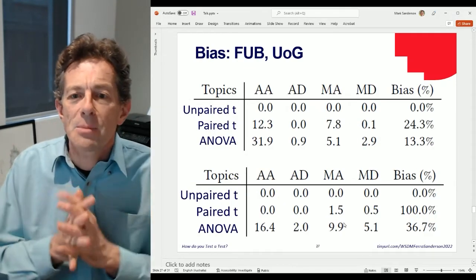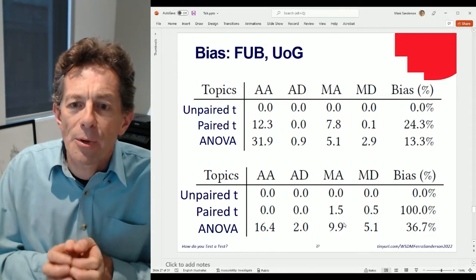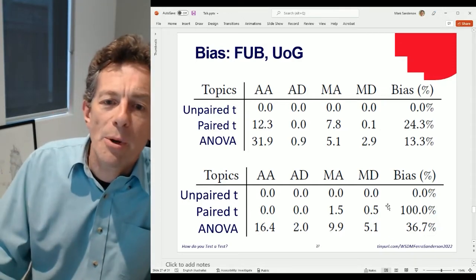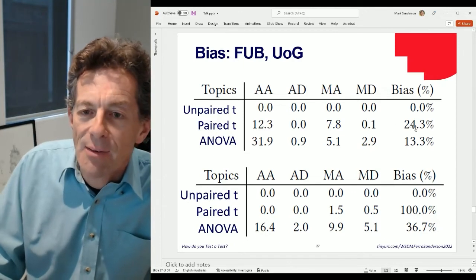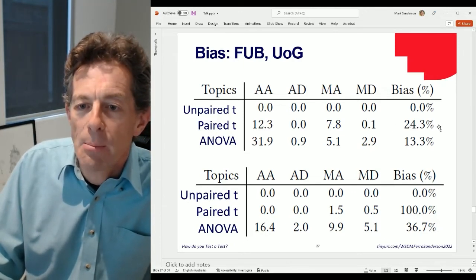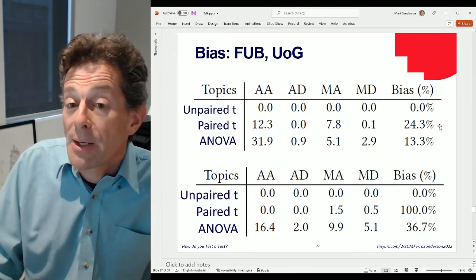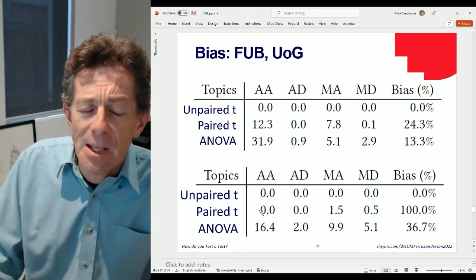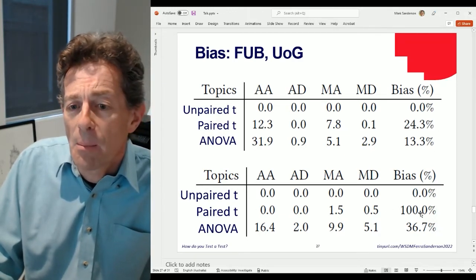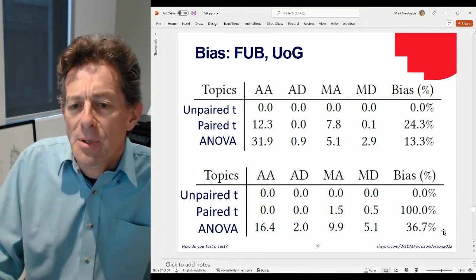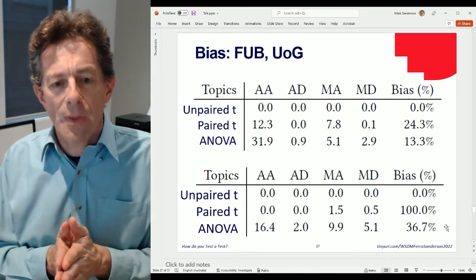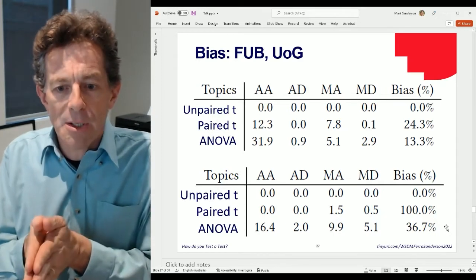We then reran this bias measure, and this was the part that really surprised us, because what we found was that both the ANOVA test and the paired t-test have a large number of potentially biased decisions that they identify. In fact, the paired t-test finds more biased decisions than the ANOVA test. The University of Glasgow is a particularly interesting one because the Glasgow runs are actually quite similar to each other.